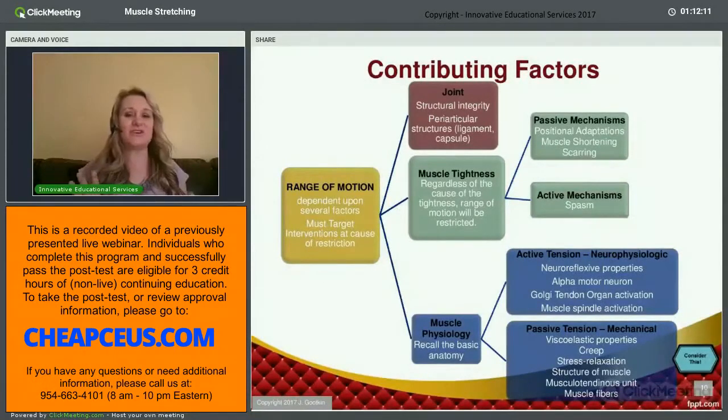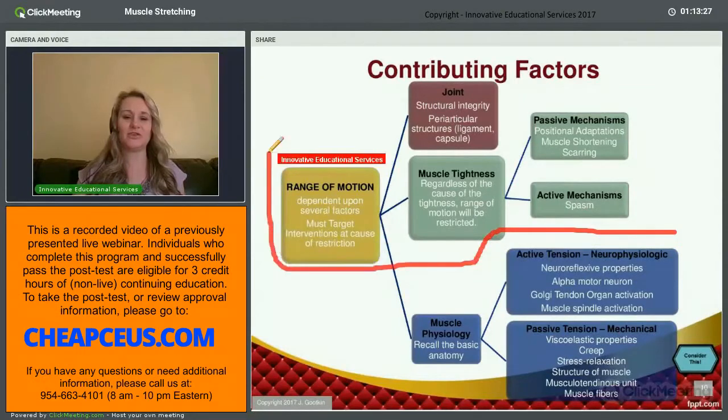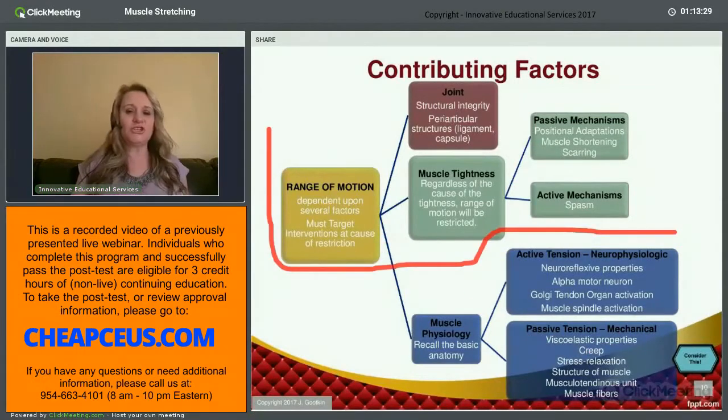And we have many different factors that are going to contribute to this. When we look at what factors contribute to this decrease in joint excursion, we're looking at several factors. If we consider the top half of our screen, this chart, if there's decreased range of motion, it's for two primary reasons.